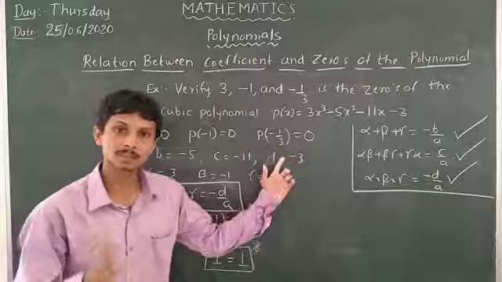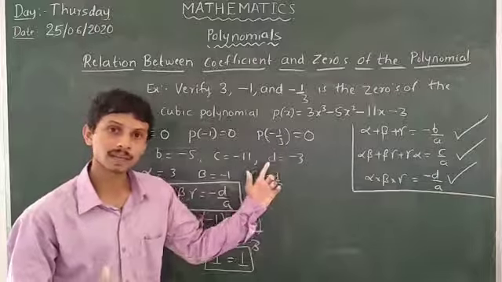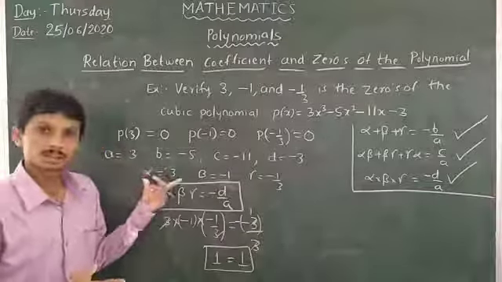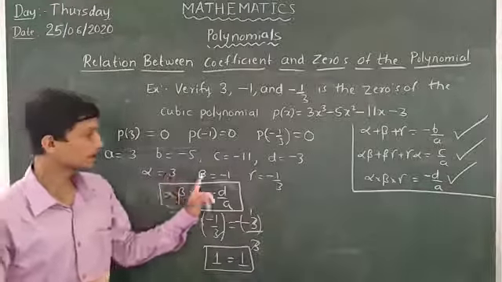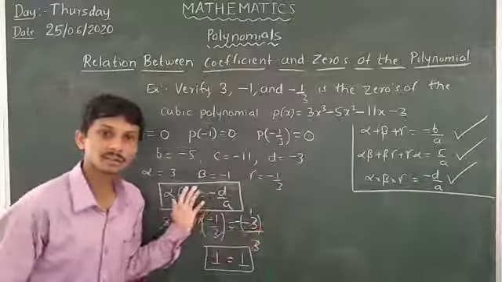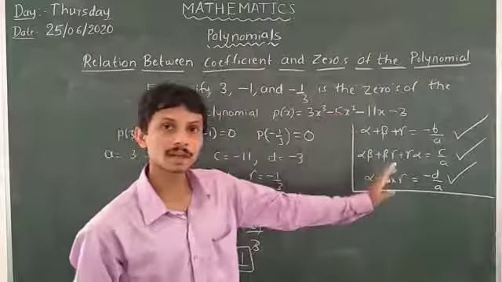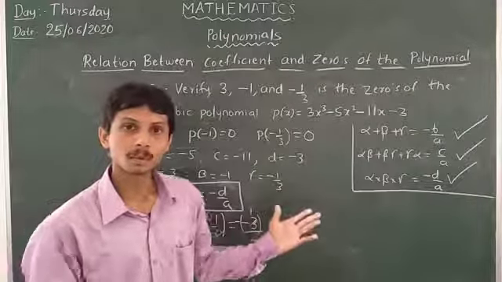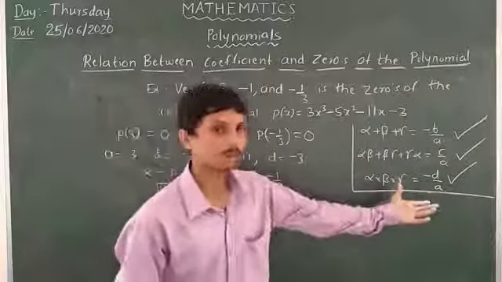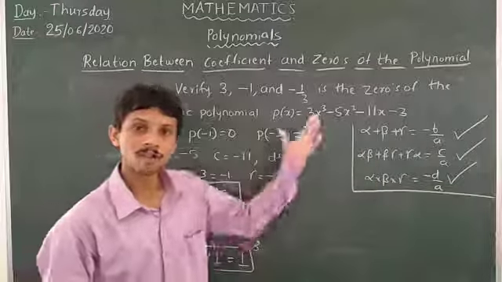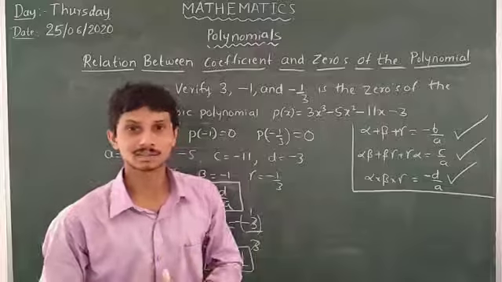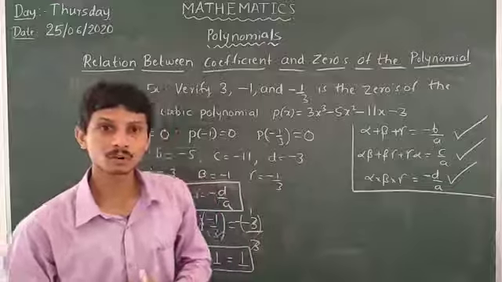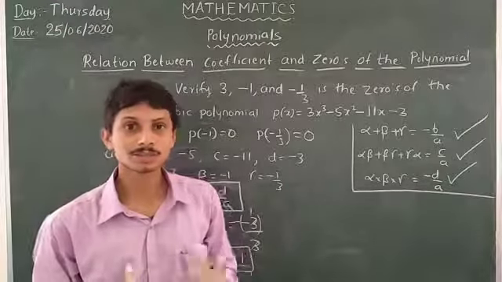After that we took each of the zeros as symbols, alpha, beta and gamma, and inserted the values of alpha, beta and gamma and the coefficients of the cubic polynomial a, b, c, d into these formulas and verified that all the formulas are right. So these are all about the relation between the coefficients and zeros of the cubic polynomial.